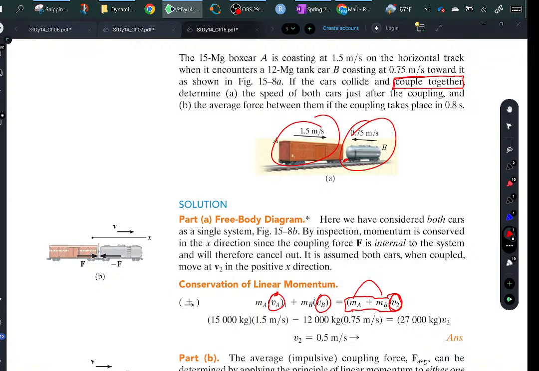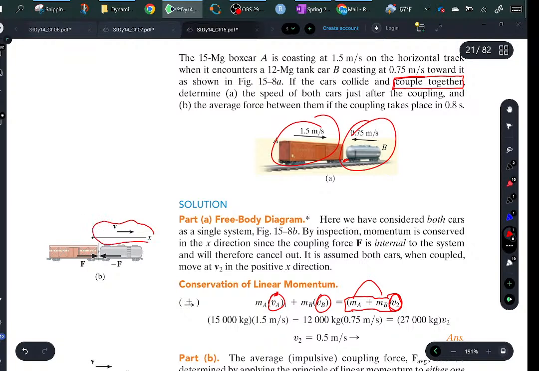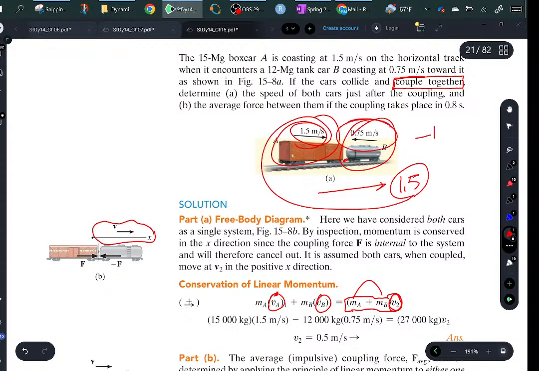One of the things I want to draw out is that there is a sign convention here. If that's the sign convention, then you have a plus 1.5 right here, and you have a minus 0.75 there.